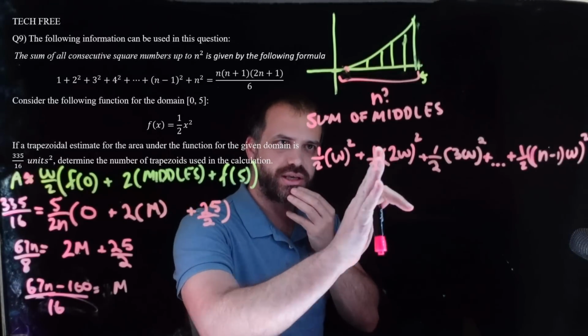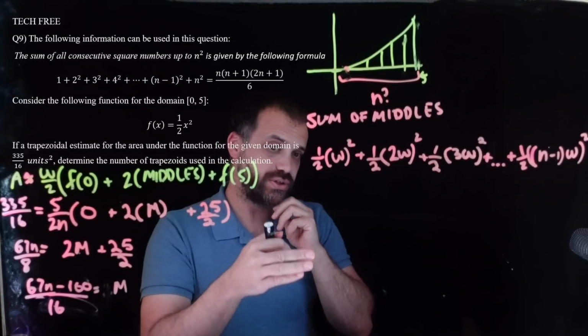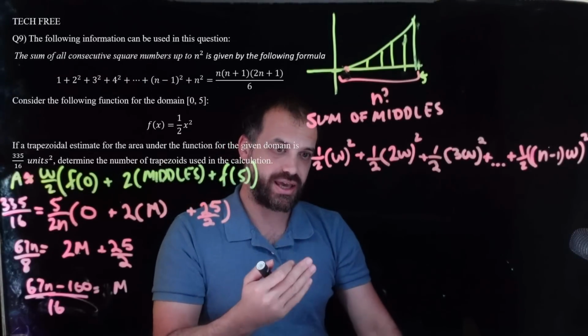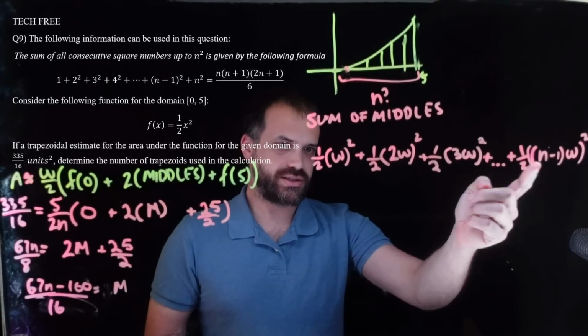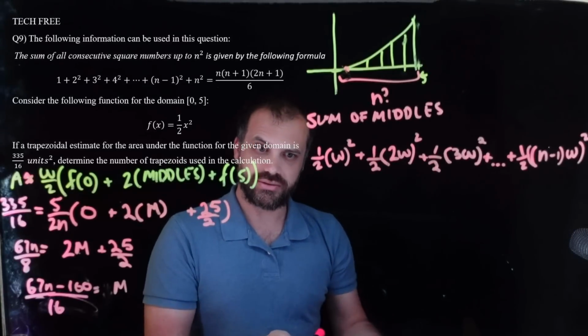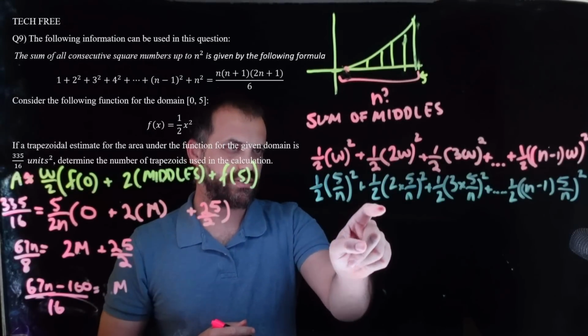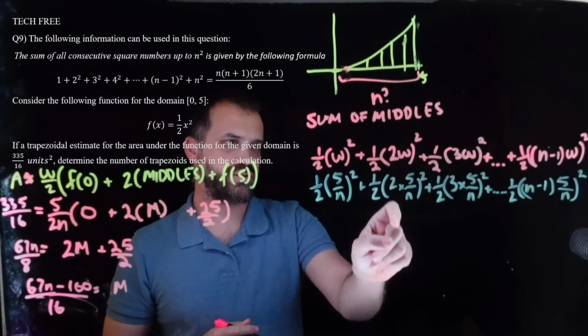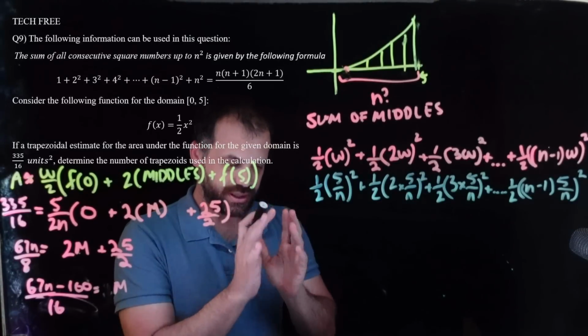So we can write each of those w's as 5 on n. Why would I want to do that? Well, because there's an n in my formula and there's a w in my formula. I don't like having 2 different variables in my formula. It'd be better if I just had 1. All right, so half of 5 on n squared plus half of 2 times 5 on n squared plus half of 3 times 5 on n squared, etc., etc., etc.